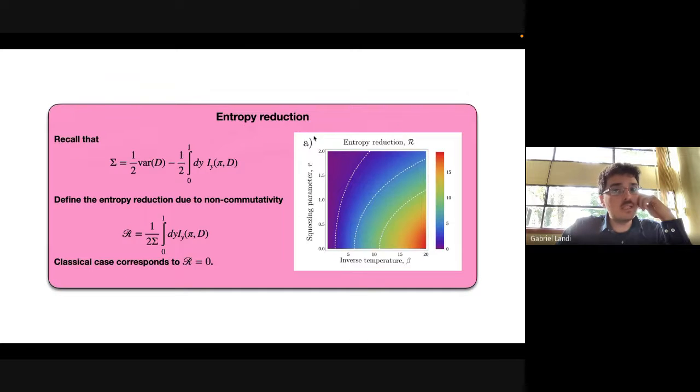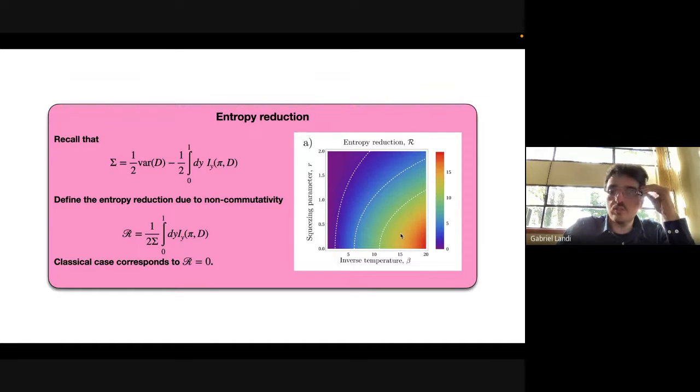And more interesting is the entropy reduction. So remember, I discussed how the entropy production is the commuting entropy production minus a reduction factor associated to the Wigner-Yanase-Dyson skew information. So we can define a ratio, which is essentially this last term divided by sigma, which represents how much the entropy production is reduced in comparison to the classical case.